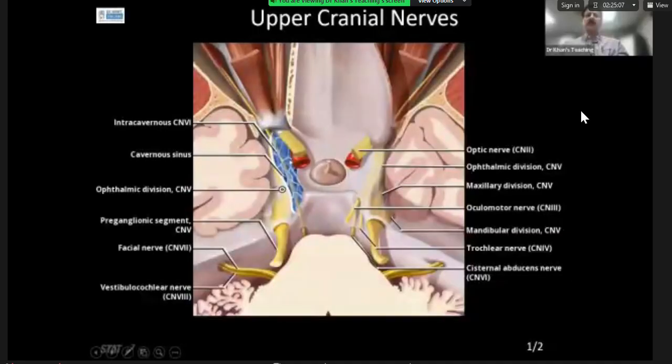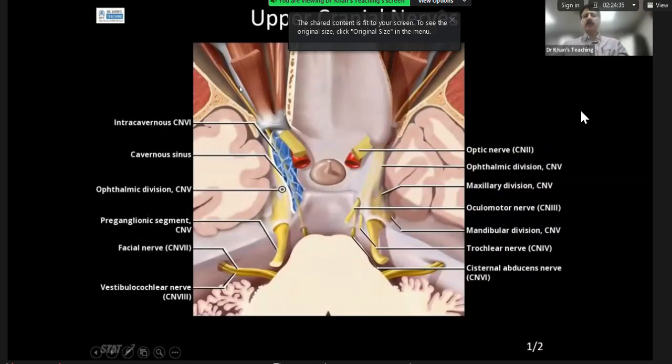Petrous apicitis, where there is inflammation or infection at the petrous apex. You can see the anatomy here, that this is the region. It can affect this nerve, which is the sixth nerve. The sixth nerve passes into the cavernous sinus, and then it supplies this extraocular muscle, the lateral rectus.